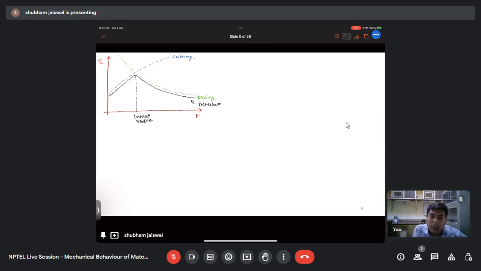At the critical radius, the bowing is comparable to the shearing. So at this radius, both the shearing and bypassing mechanisms will be active. In general, bowing around the dislocation will be preferred when the precipitate size is large.